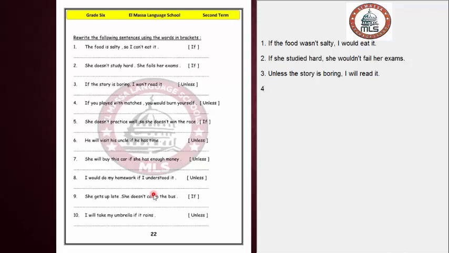Number 4. If you played with matches, you would burn yourself.